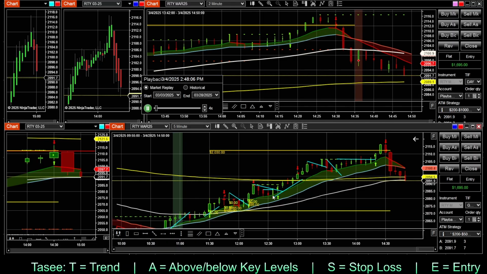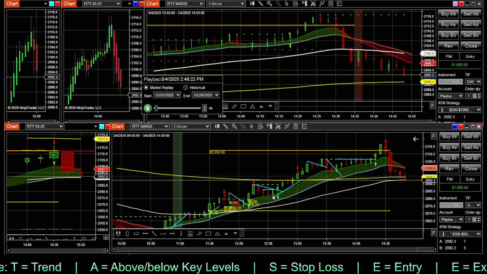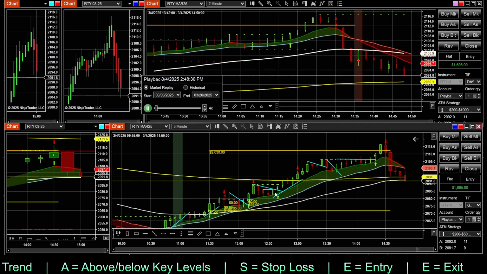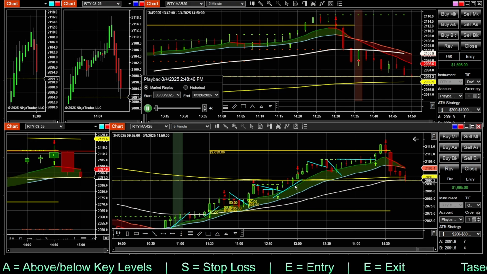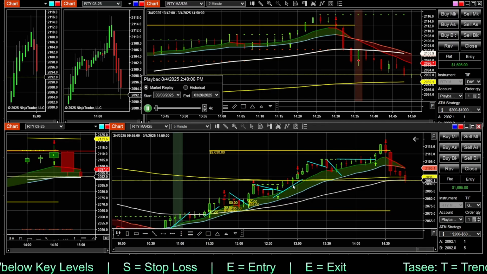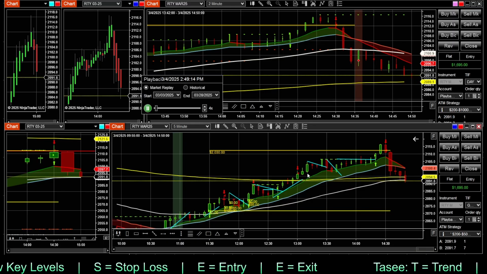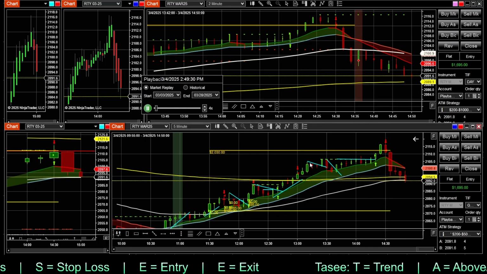Now we're moving our stop loss up to here. And I look at my cursor on the 5-minute chart. And then we say this one goes back down to the cloud, and we get another good entry here. So we move our stop loss up to here. And we could sit there and do this until we hit 2,000 or something.